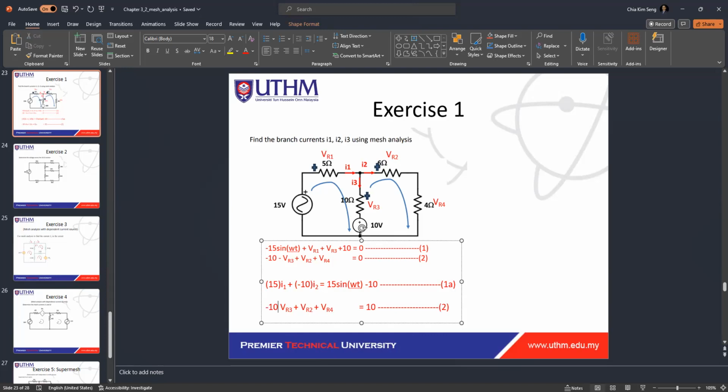So the I here, because we are from here, the I2 now is positive, while our I1 will be negative, because I1 now is on the opposite side. So that's why you see the I2 minus I1. Okay, we'll follow this flow.